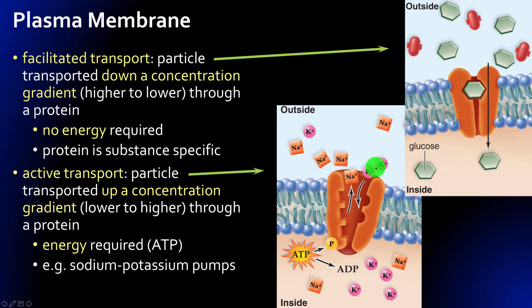And then that same protein is going to pick up potassium and carry that to the inside so that we stockpile potassium on the inside. And so what we've done is set up a scenario where we have lots of sodium outside, lots of potassium inside, and we'll have the possibility to use this to do something very, very interesting.